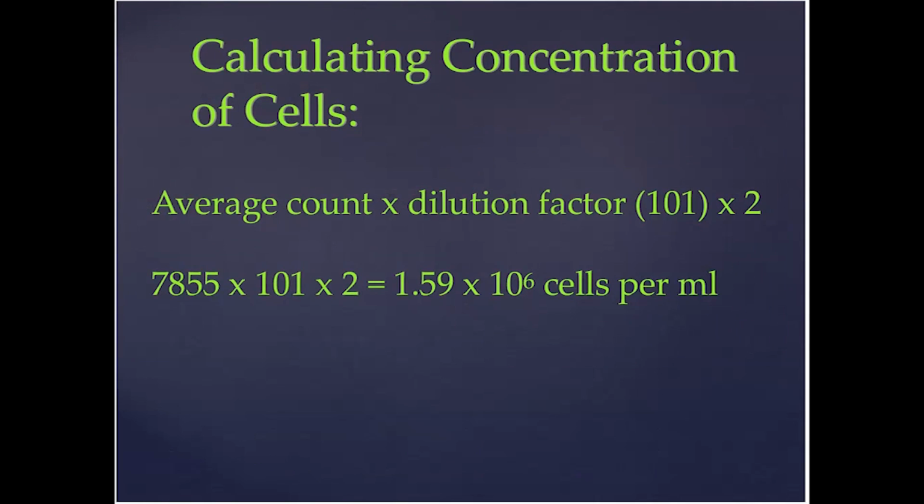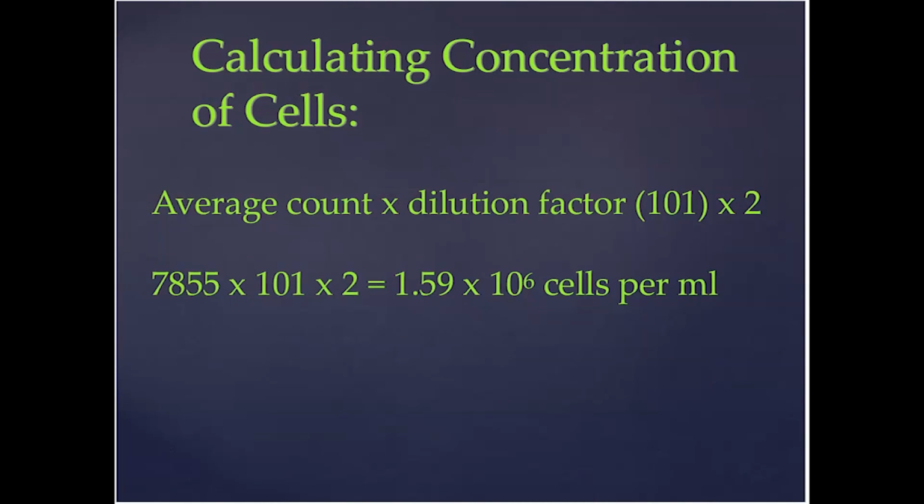Once you have calculated the average of your two counts, you have to multiply times the dilution factor. In this case, the dilution factor is 101 because we take 10 mls of the isoton and add 0.1 ml of cells, 0.01 ml of cells, and so the actual dilution factor is 101.